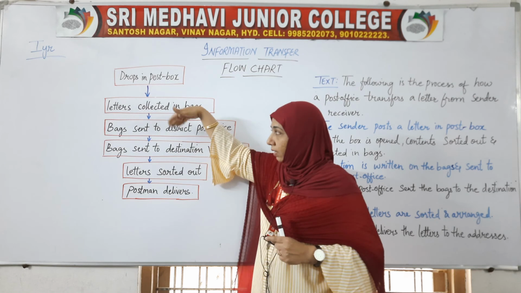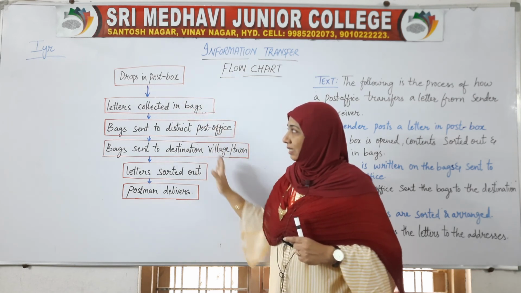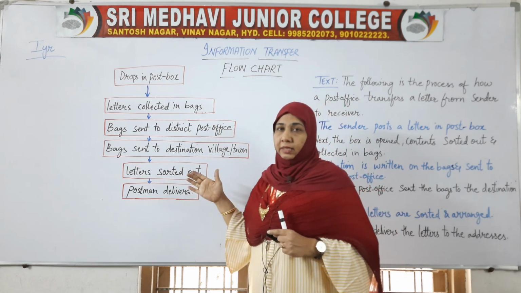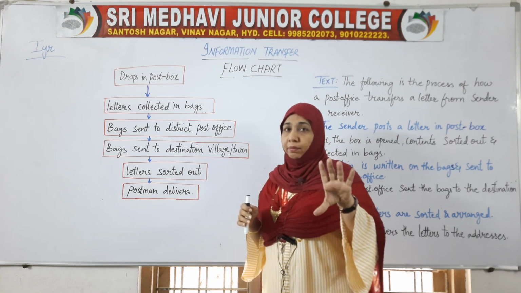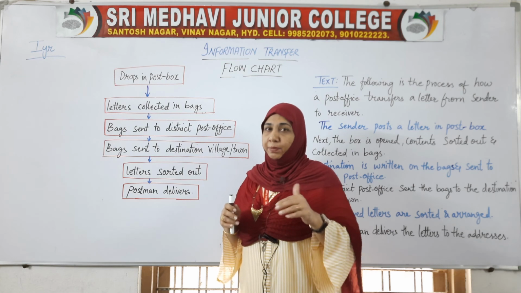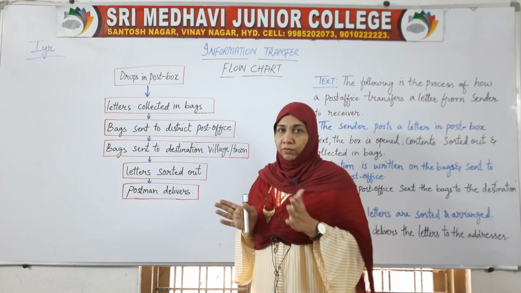This has only the flowing down. These are the 6 steps I have shown, 1, 2, 3, 4, 5, 6. It can be 8, it can be 9, up to the matter. But you have to select the most important steps, then collect them into the flow chart and frame the flow chart.